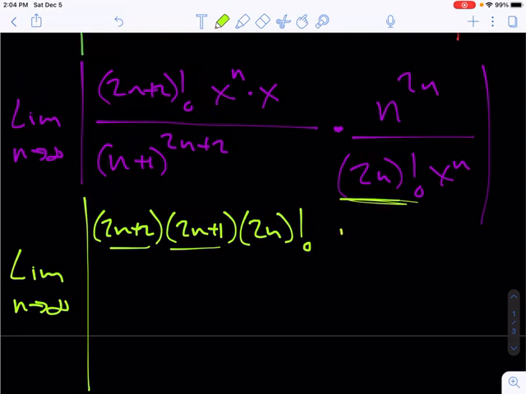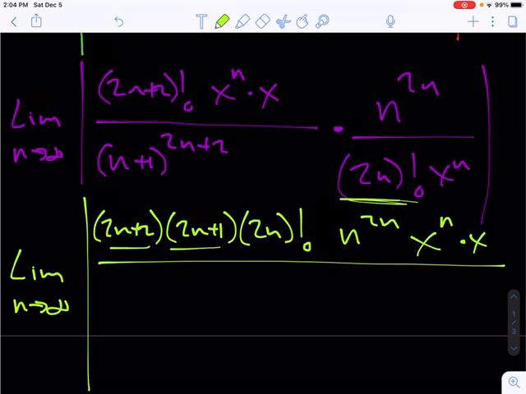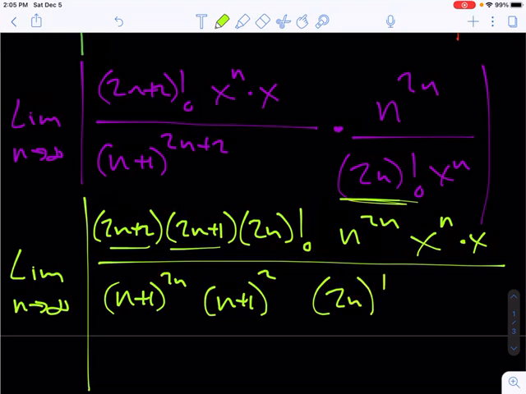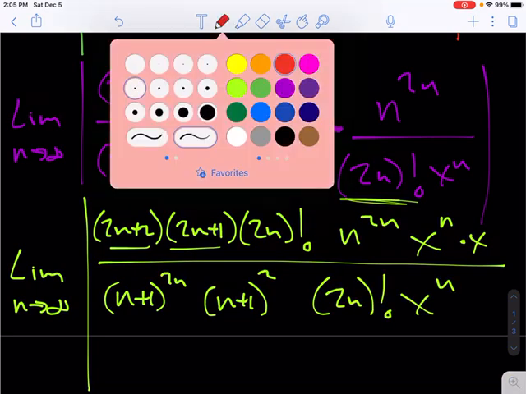And then we have n to the 2n, and don't forget the x to the n times x, all over in the denominator, n plus 1 to the 2n times n plus 1 squared times 2n factorial times x to the n. Now, what cancels out?